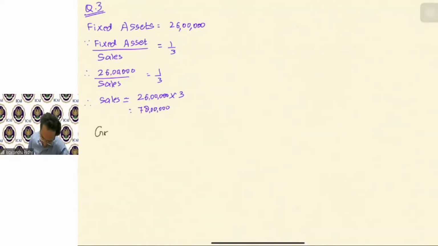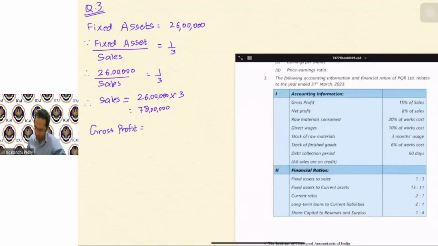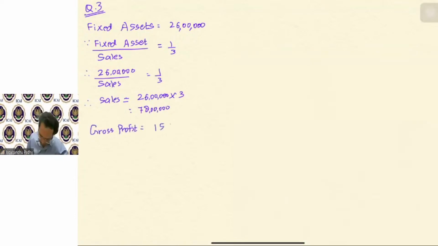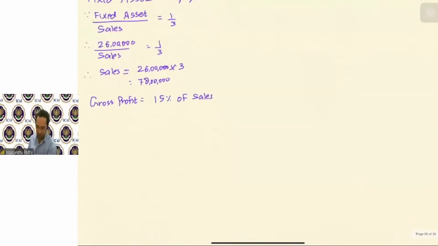So the gross profit ratio that they have given us: gross profit is basically 15% of sales. So accordingly, it is 15 upon 100 into the sales value of 78 lakhs.